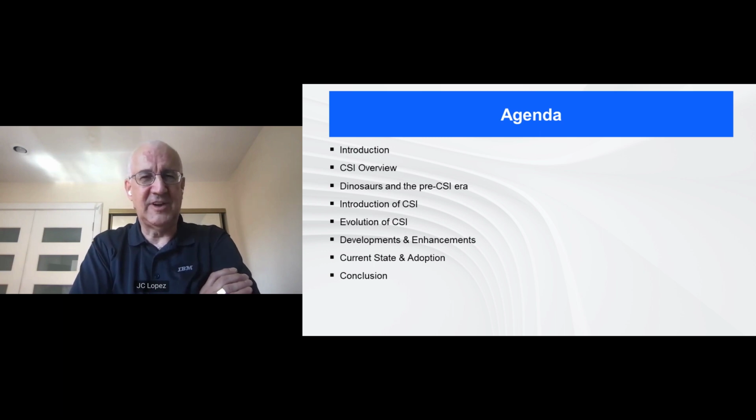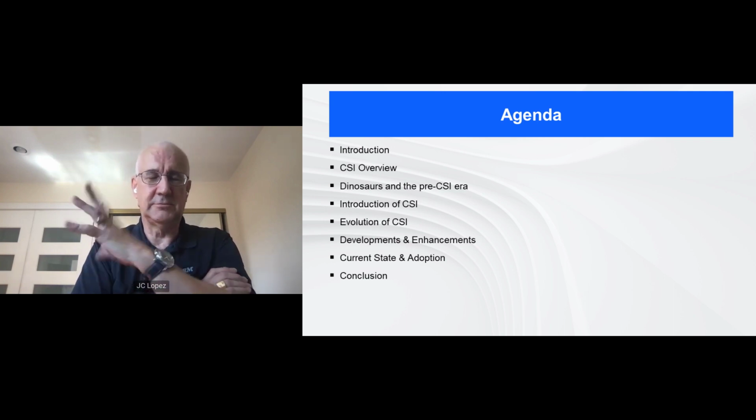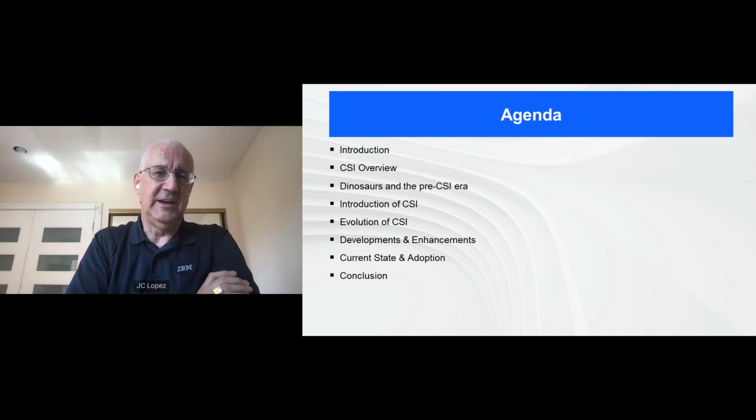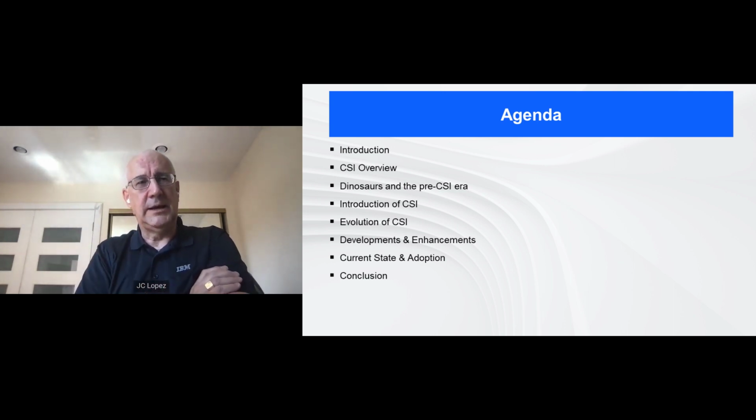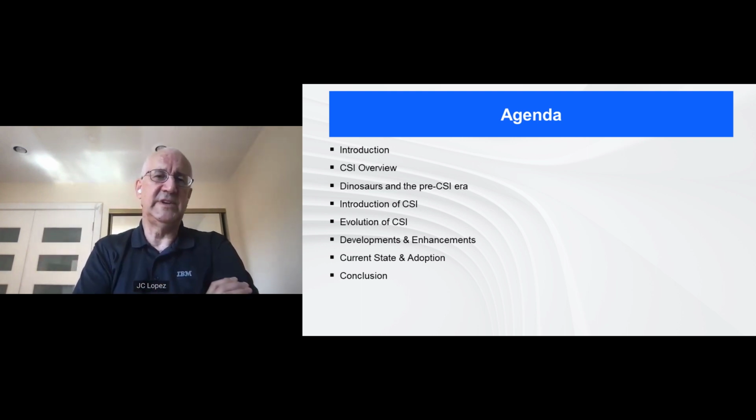I put together a few slides to cover this very interesting topic. So, just building a little agenda: an intro about what it is, a little CSI overview, the pre-CSI era that I call the dinosaur era, the introduction of CSI, and the evolution of CSI, the different developments and enhancements that we saw in CSI, which is very important so that we can see how things have moved.